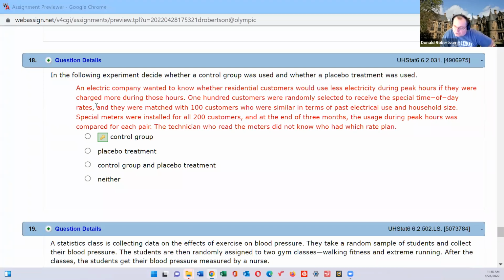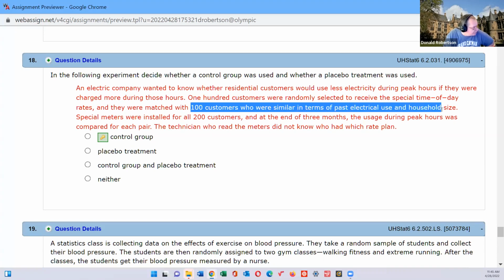So you went and told them, if you use it during these times, I'm going to cost that, $10. But if you use it during these off-peak times, we'll only charge you $5, right? So they're kind of given the information right up front about when they could use electricity and what they would get charged. And they were matched with 100 customers who were similar in terms of past usage.